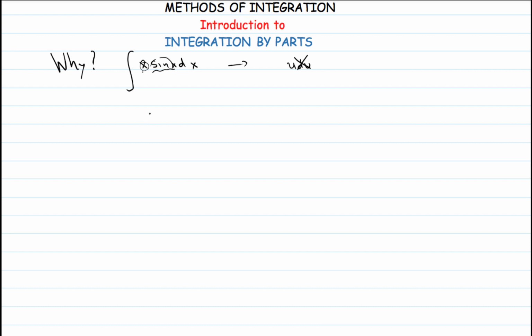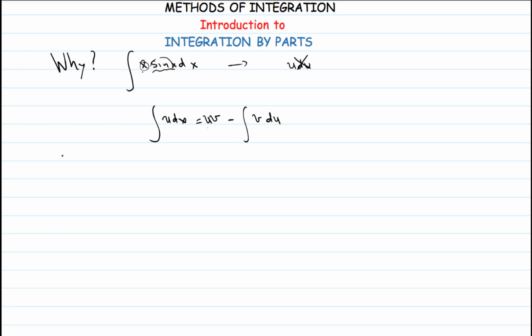There is a form that we always apply when solving integration by parts: the integral of u dv is equal to uv minus the integral of v du.